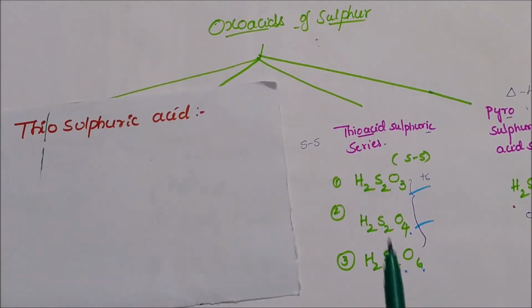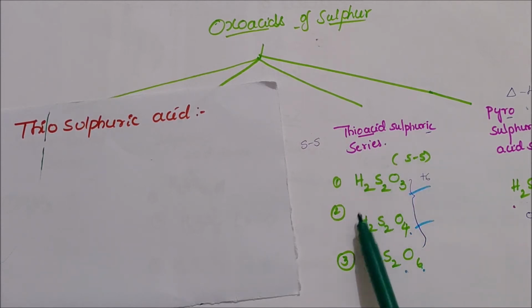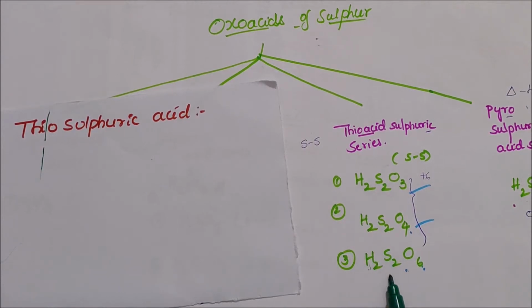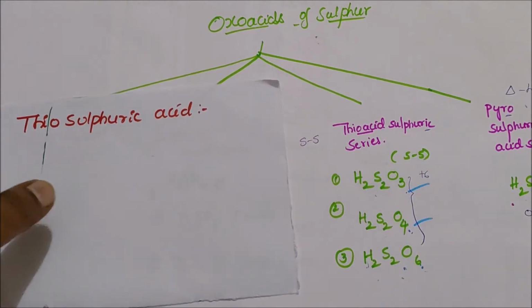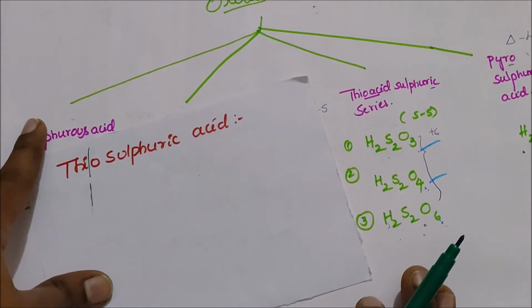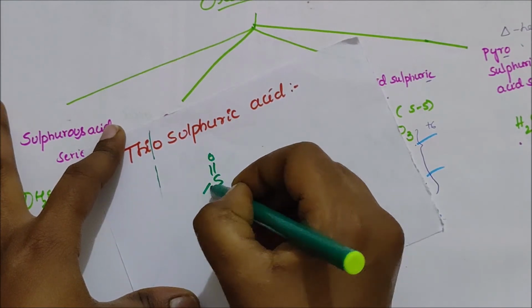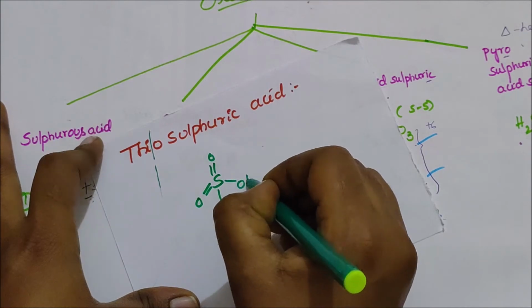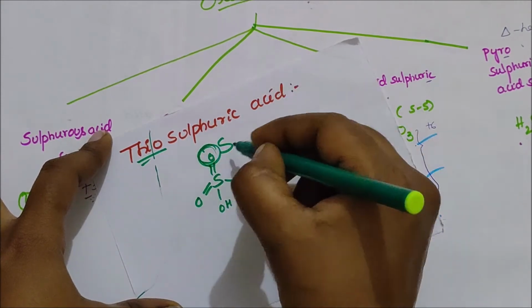And next one is the thioacid series of sulfuric acid. In the thiosulfuric acid series, three types of oxoacids are present: H2S2O3, H2S2O4 and H2S2O6. These three exhibit SS linkage. If any oxoacid contains an SS linkage, we call that acid a thioacid. Here is the sulfuric acid structure; in thio, one oxygen is replaced by a sulfur atom.